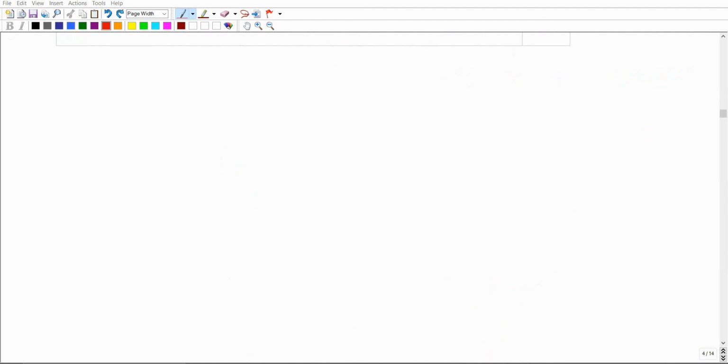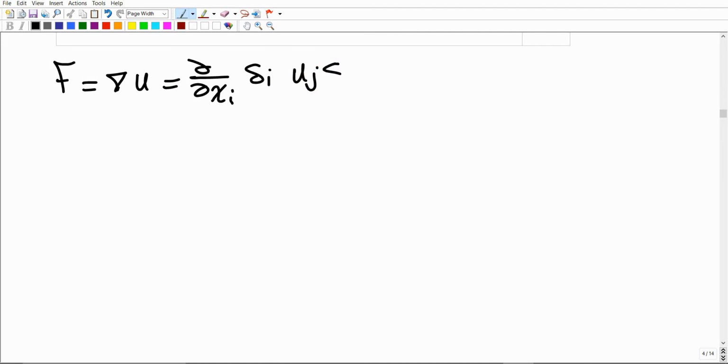So for example, if we wrote this one, let me just have some space here. Okay, so we said that F, which should be a tensor, equals the gradient of u, right? If you remember from the vector calculus, the gradient should be like partial by partial xi, delta I. We are using the I index, and we're still working in the same term, so we're gonna use another index like j, for example, for uj delta j, and u is just a vector, right?